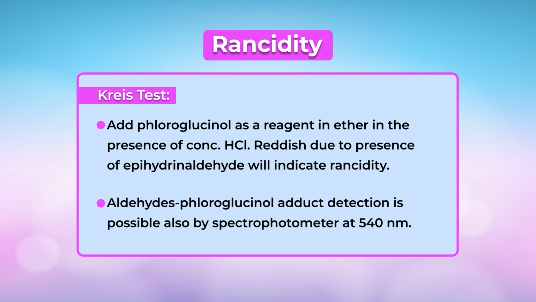Depending on the intensity of the color, we can measure it with a spectrophotometer at 540 nanometers as the maximum wavelength. So rancidity and peroxide value are almost the same. They indicate the same, but rancidity tells you well before peroxide formation takes place, and it is one of the parameters for food product quality.